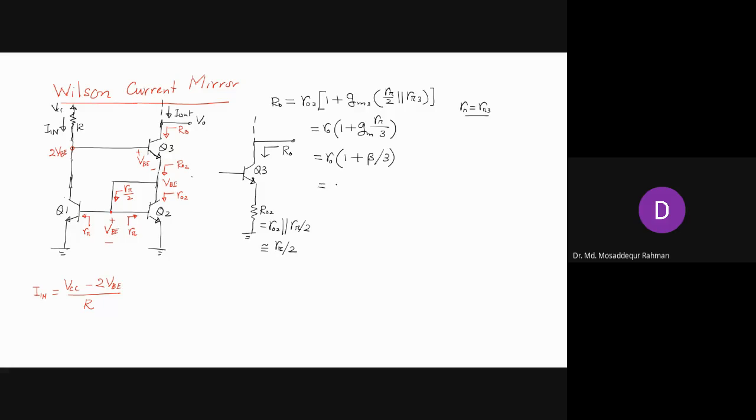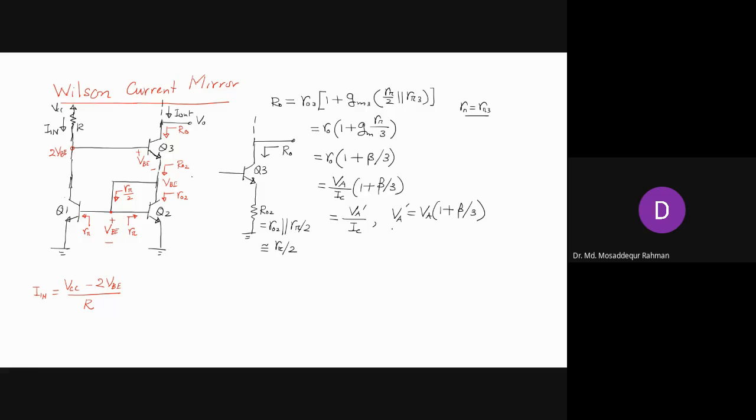And now we can write r naught as Va by Ic, 1 plus beta by 3, and this we can write as Va prime by Ic. Va prime is our new early voltage, which is Va times 1 plus beta by 3.